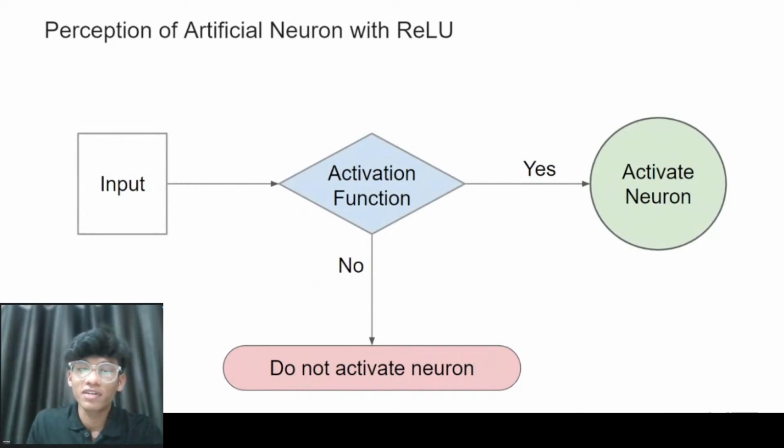It will take the input and check if the input meets the required condition. If so, it will activate the neuron, otherwise it will not. And it helps to increase the non-linearity in the data. It is the very basic thing which helps a neural network understand very complex data sets and find insights which are not so obvious.